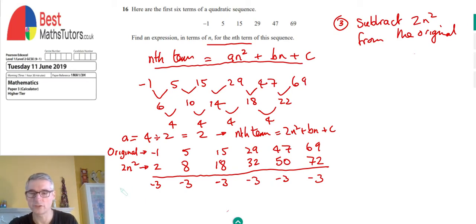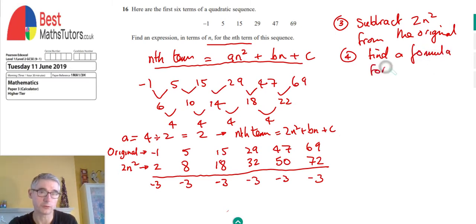So we've generated another sequence, and what we have to do is come up with a formula for this sequence now. So step 4 is find a formula for the new sequence.